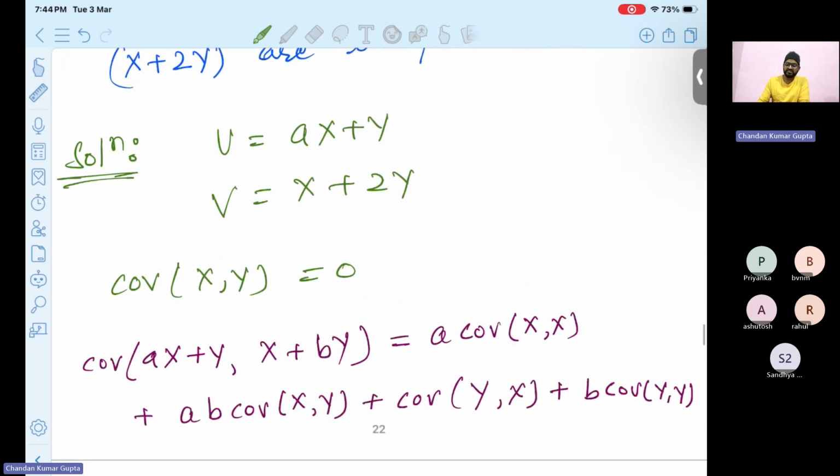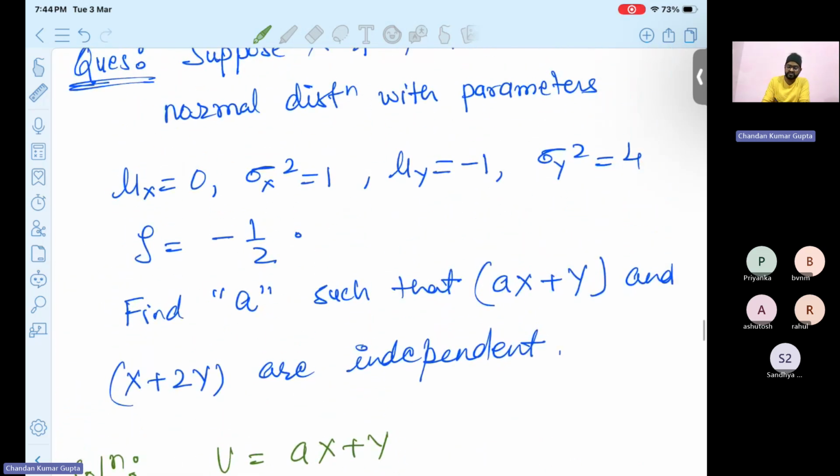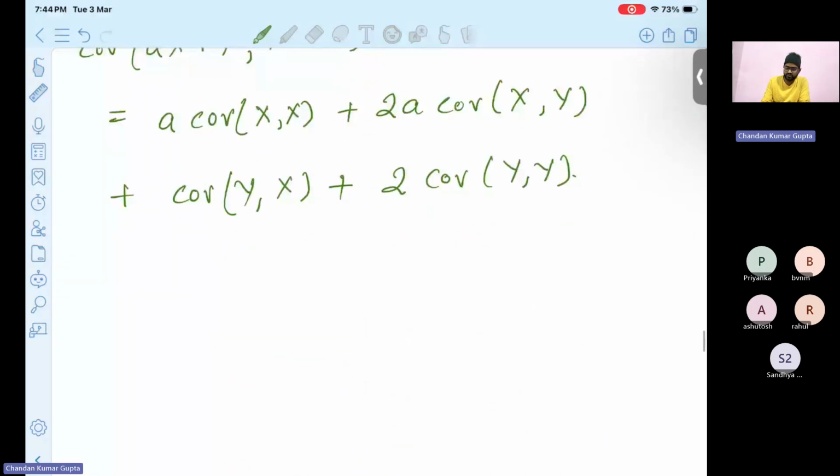Simple. We are already given the numerical values like mu x, sigma x square, mu y, sigma y square, and rho.